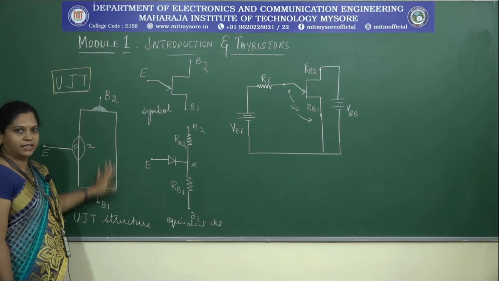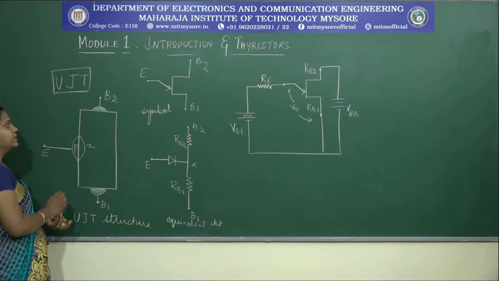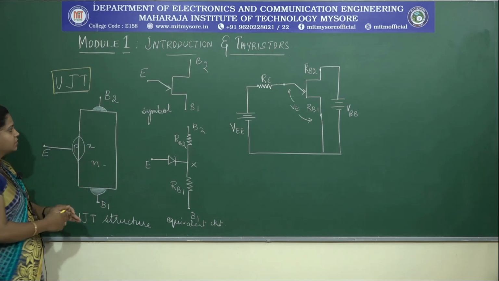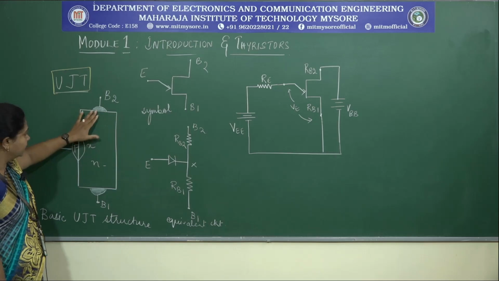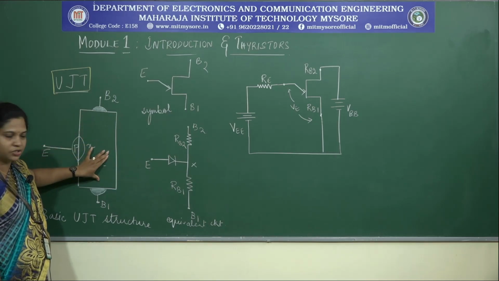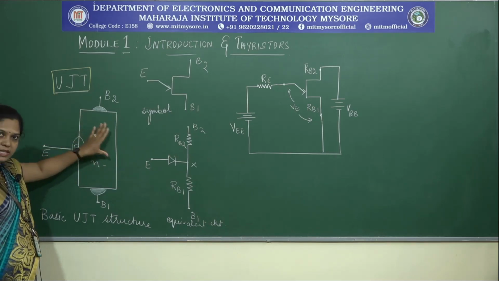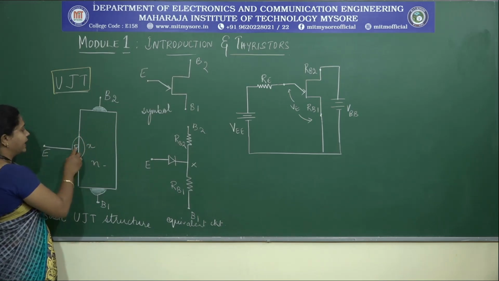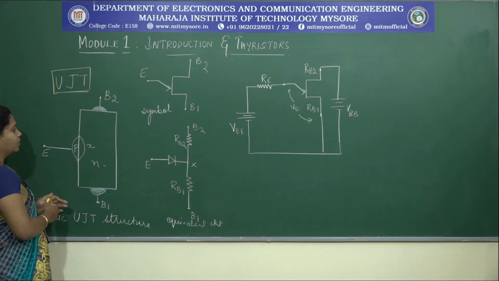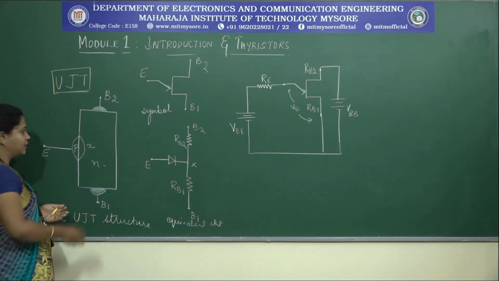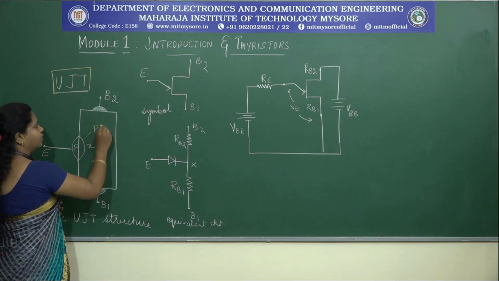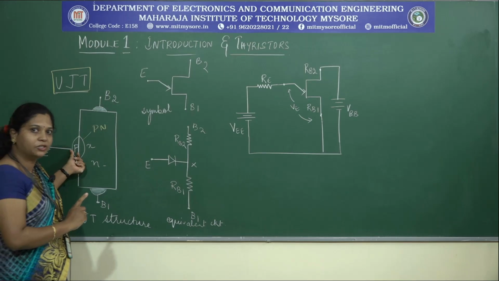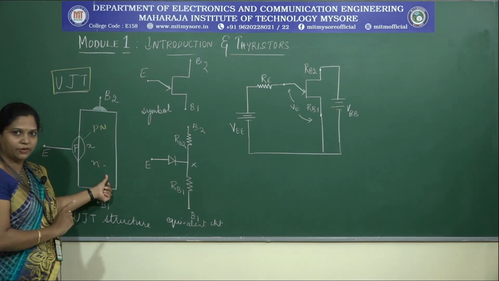The basic structure of a UJT has a lightly doped N region. When we add a heavily doped P region to this lightly doped N region, this forms one PN junction, consisting of a heavily doped P region and a lightly doped N region.